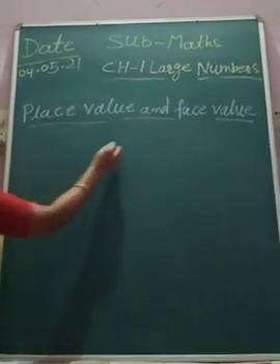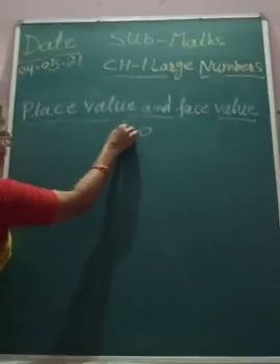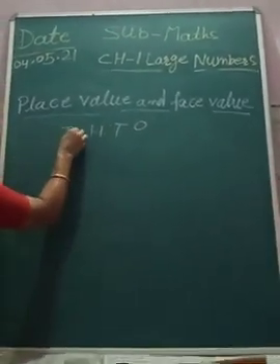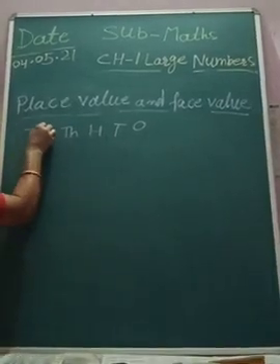Suppose I have written one number. You know from where we will start: ones, tens, 100, 1000 and 10,000.